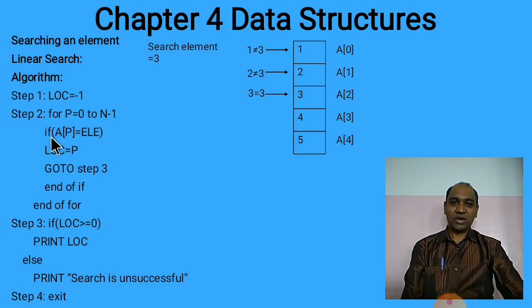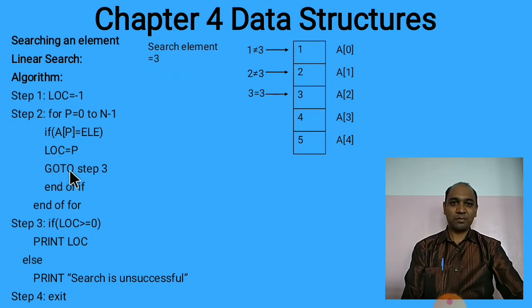Now here we will check if a of p, a of 2, consisting of 3, is equal to element, which is 3. So 3 is equal to 3, hence the condition is true. Once it is true, the position, that is position 2, is assigned to location.